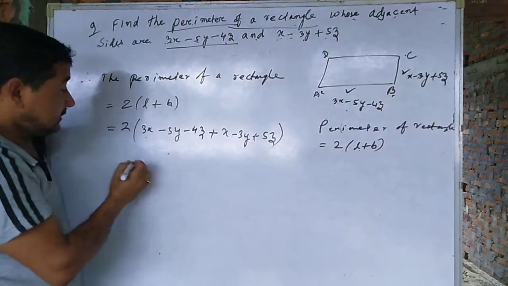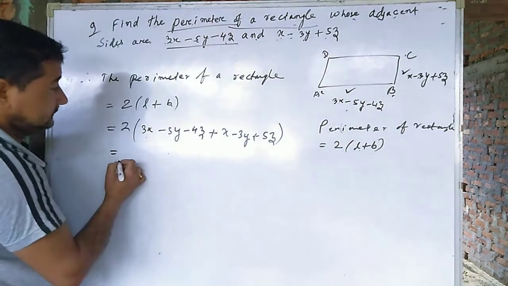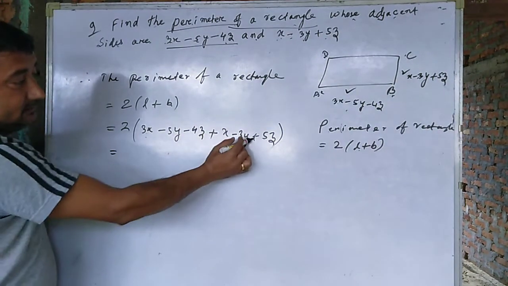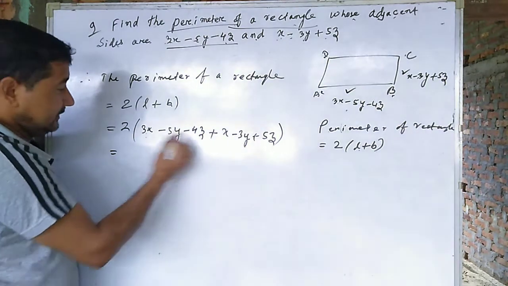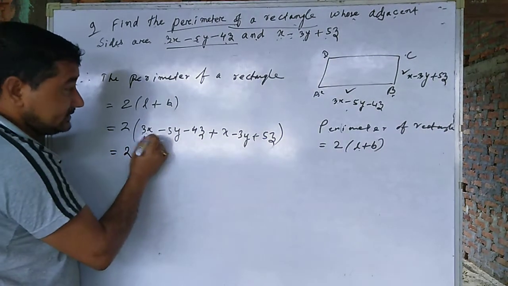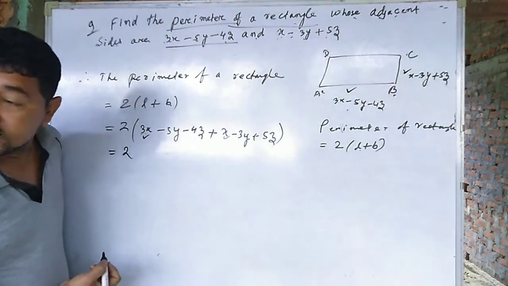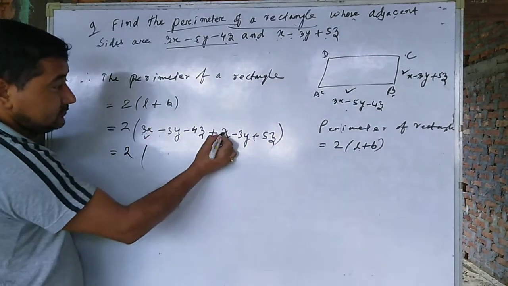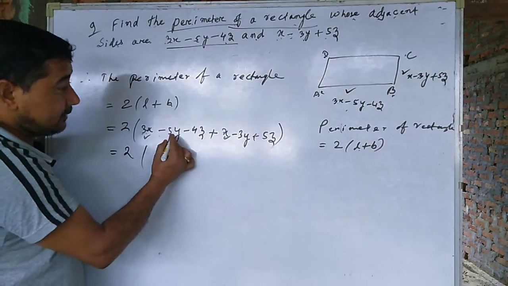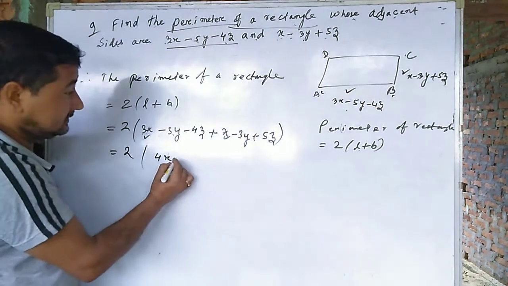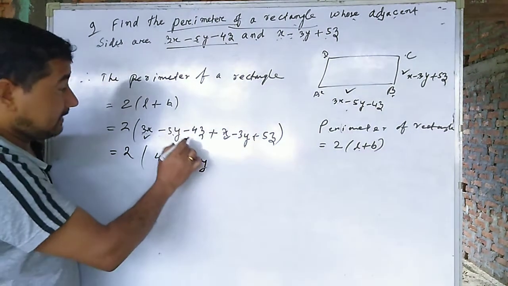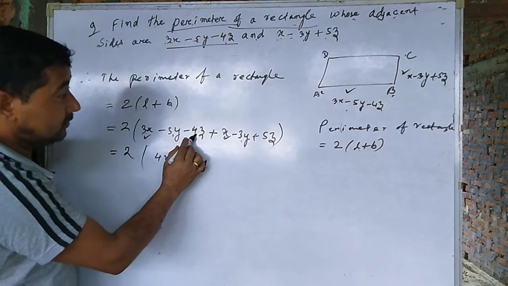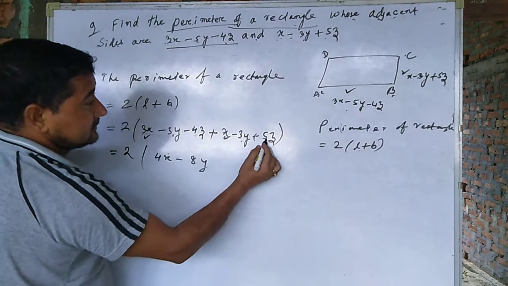Now first you add these two terms within the bracket, the like terms. 3x and x, how much? 4x. And minus 5 minus 3, how much? Minus 8. And minus 4 plus 5, how much?